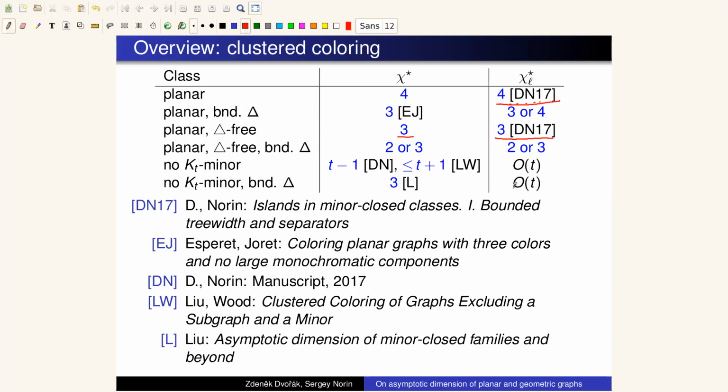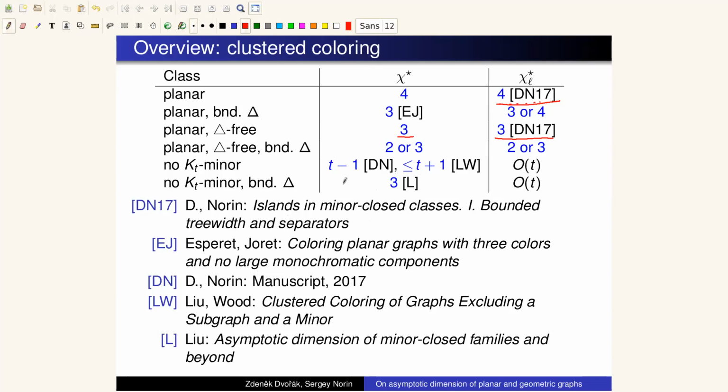And finally, let me mention results on K_t minor free graphs. So, of course, there is Hadwiger's conjecture, which tells you that K_t minor free graphs should be (t-1)-colorable, but we are, of course, nowhere near being able to prove it. But here the situation in the clustered coloring setting is much better.